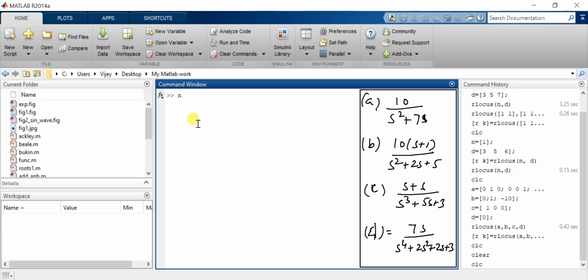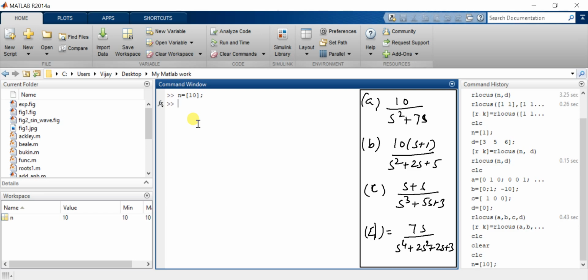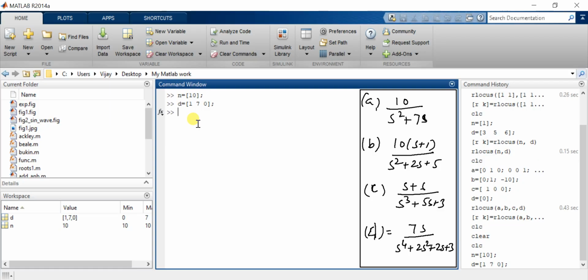Let's take n for the first transfer function equal to 10, and for d it is 1, 7, and the constant term is 0. Now try to plot the Bode plot by simply writing the command bode, passing n comma d.